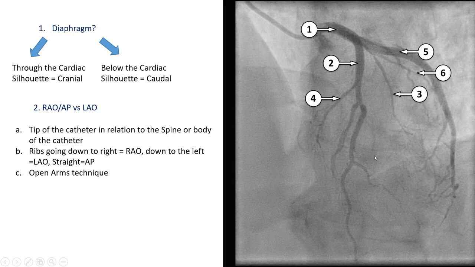So, looking at this view again, this is the diaphragm crossing the cardiac silhouette, makes it cranial. Looking at the spine, and the tip of the catheter is on the left, so this is LAO cranial view. So the circumflex is expected to follow the image intensifier.